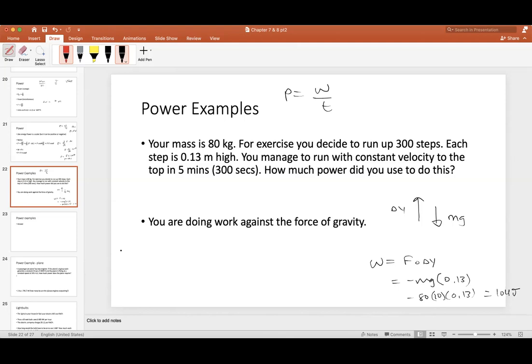The power that we're using, right, is our work over our time. So this is technically, there's how many of them? 300? 300 times 104, right? Joules, sorry.